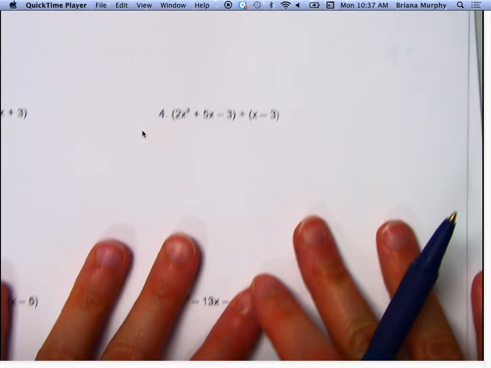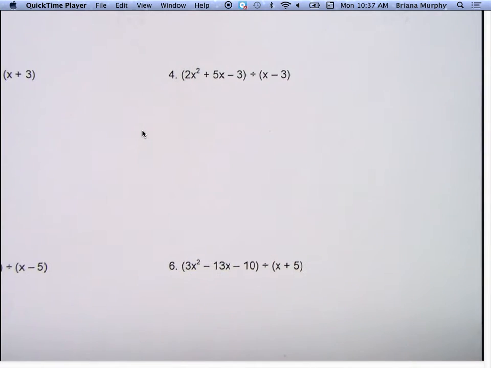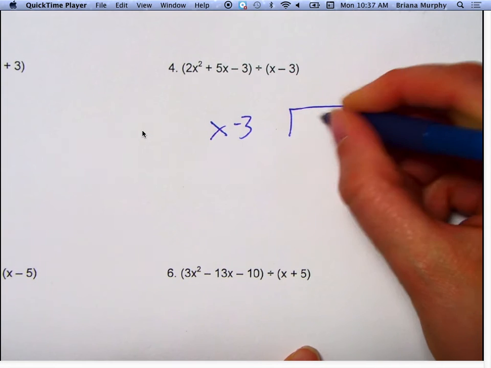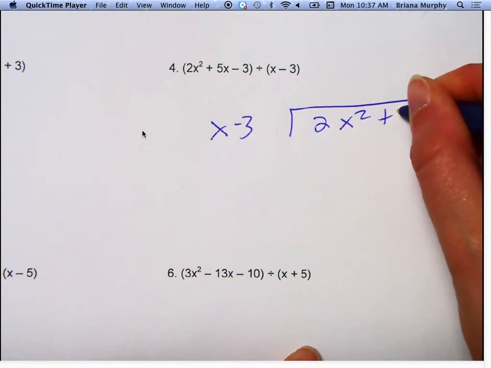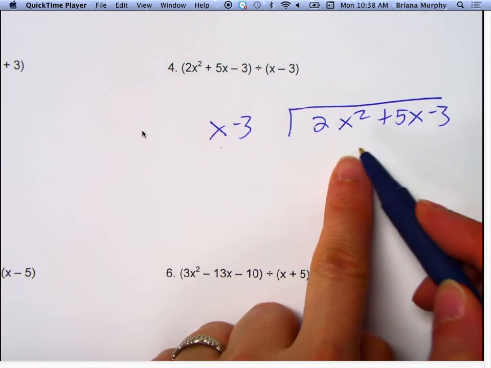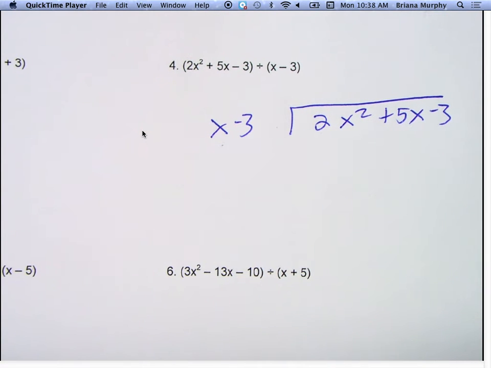So I am going to set this up to look like this: x minus 3 divided by 2x squared plus 5x minus 3. Okay, so I have to figure out what times x gives me 2x squared. 2x.